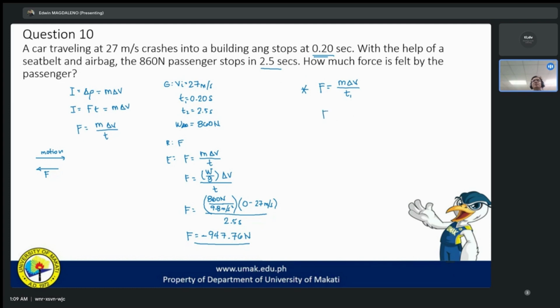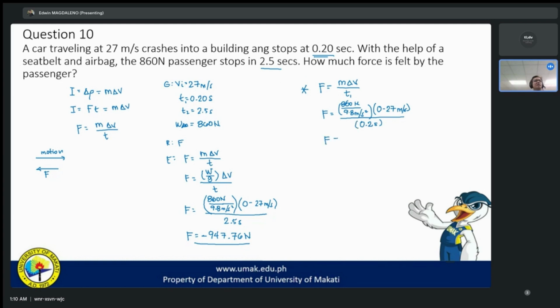So the force that will be felt by the body pagka tumama tayo sa dashboard will be the mass, which is 860 Newton divided by 9.8 meters per second squared, multiplied by 0 minus 27 meters per second divided by time, which is 0.2 seconds.